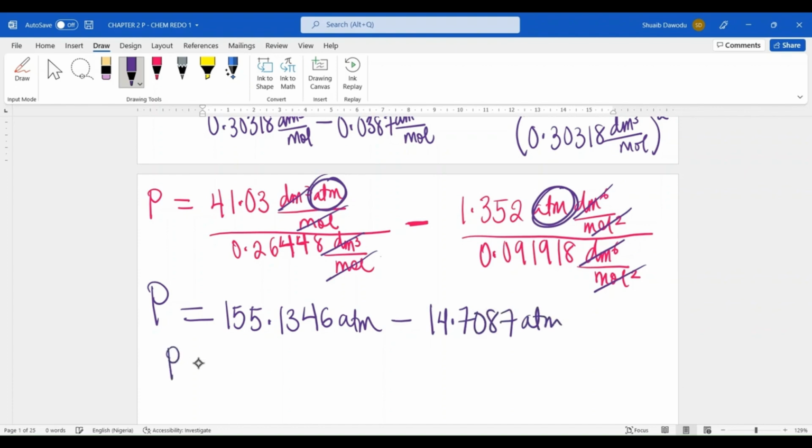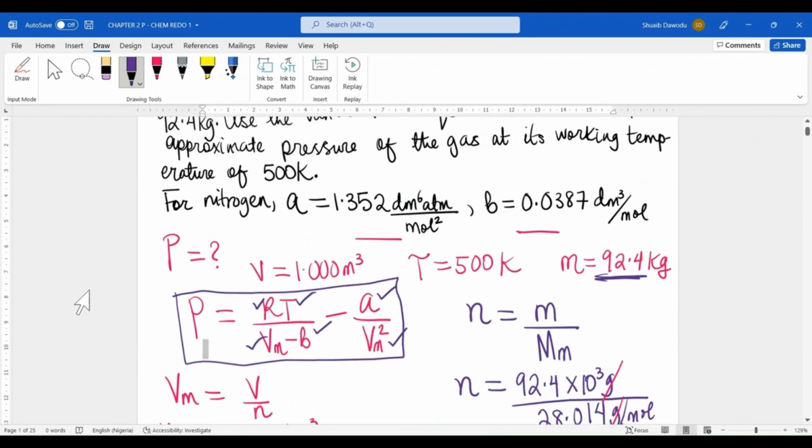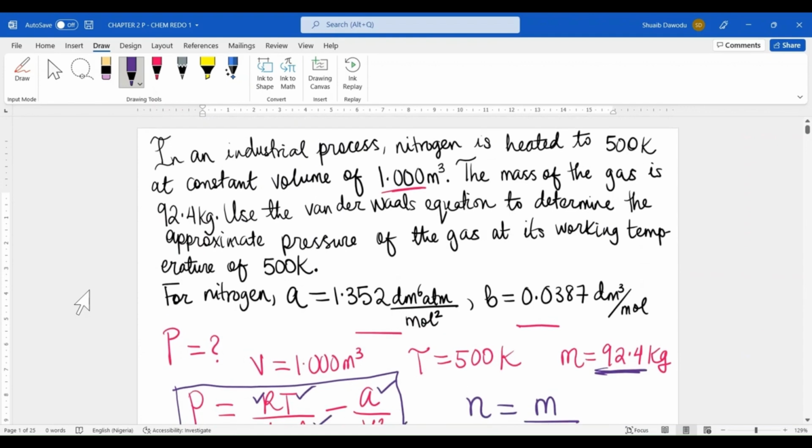So of course, you solve this, pressure ends up being 155.1346 minus 14.7087. You end up getting 140.42584 atmosphere. And of course, because we are chemists, scientists, we have to put it in the lowest number of significant figures based on the values that were given at the beginning of the question.